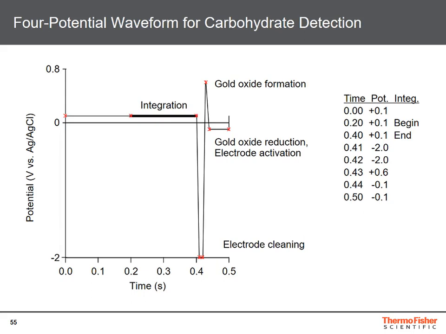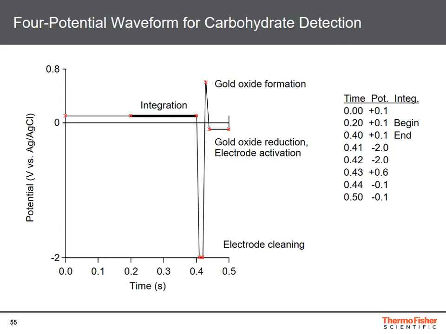After data acquisition is finished, we are cleaning the electrode with a strongly negative potential and then apply a positive potential of plus 0.6 volts, and this is due to the formation of gold oxide, which is necessary for the carbohydrate oxidation. After a very short time, we reduce the gold oxide back to gold, and after this electrode activation is done, we can go back to the original starting conditions of 0.1 volts and start the next pulse sequence.